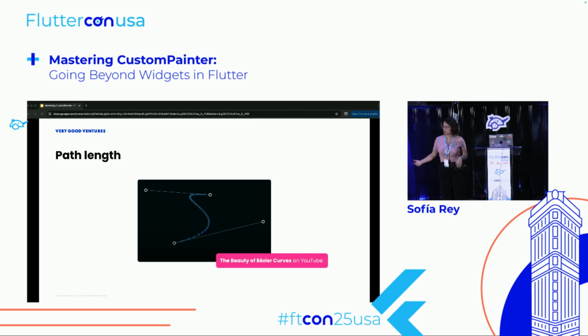What it does is split the path into smaller segments, calculate the length of these segments, then add them up together and give an estimate of the length of this path. This animation is from a video called The Beauty of Bezier Curves on YouTube. It is really interesting, and it explains all the math behind it in case you want to check it out.